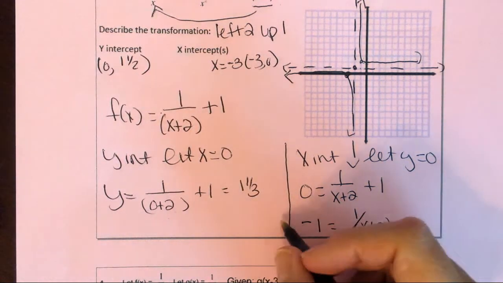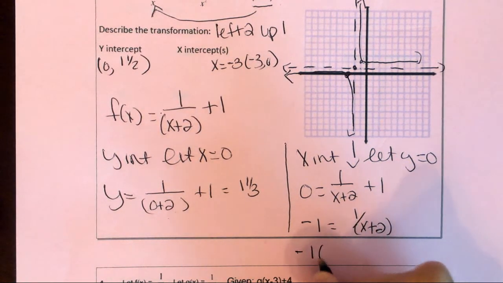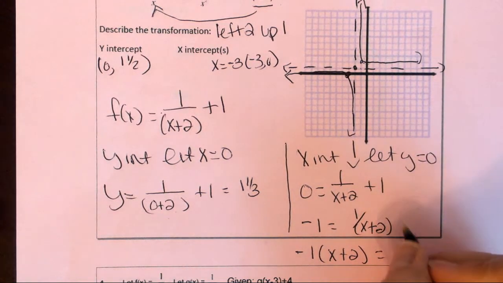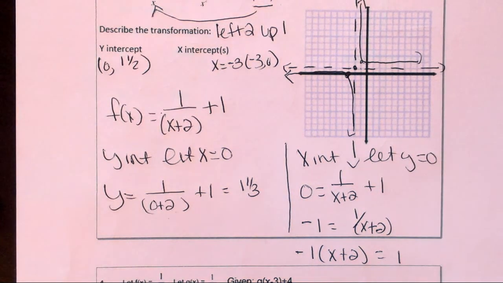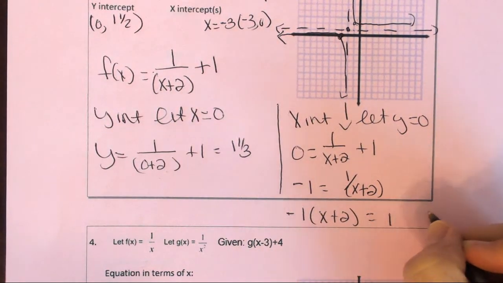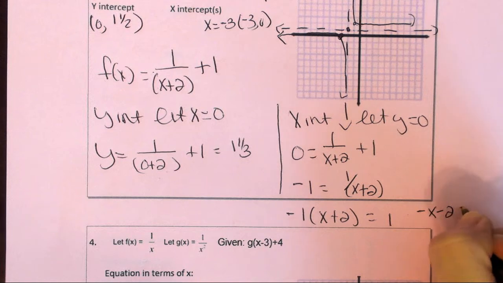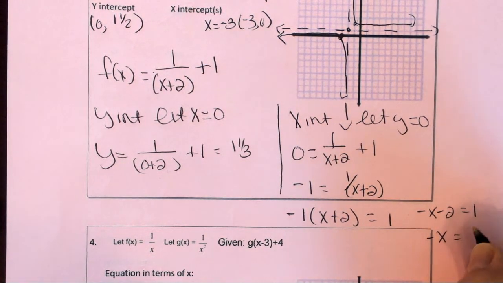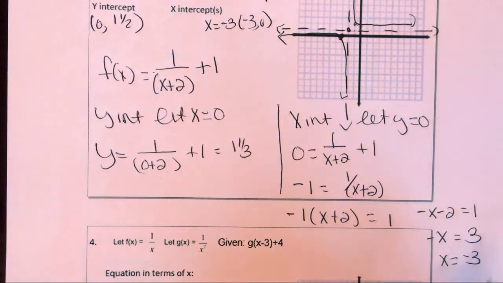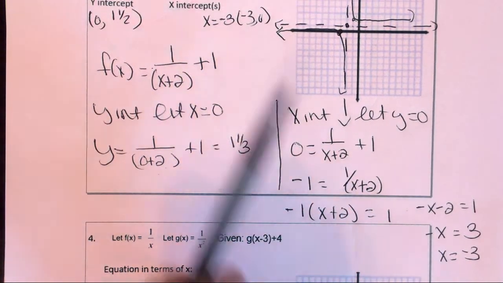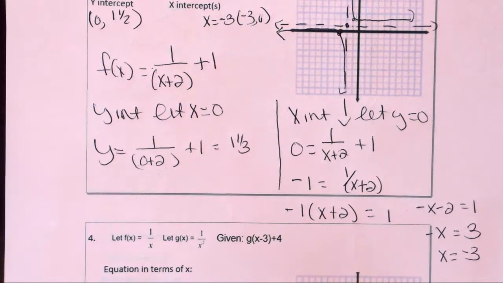If I multiply the left side by x plus 2, I'd have negative 1 times x plus 2. If I multiply the right side by x plus 2, I just get a 1. I distribute that negative 1, and I would get negative x minus 2 equals 1. I'd add 2 to both sides and get 3, and I divide by negative 1 and get negative 3, which is exactly what we got over here on our graph. So it's just confirming the fact that it did touch at negative 3.